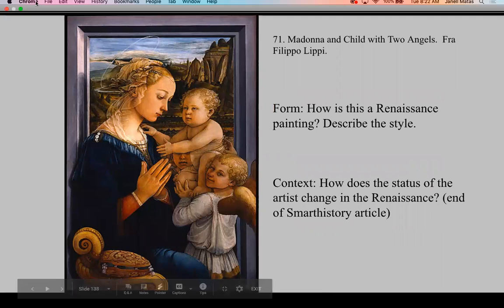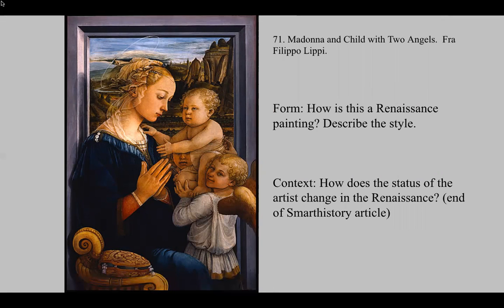So when we look at the style of it, we want to think about how it is a Renaissance painting. And most of you were able to put that into the chat. So we want to describe the style. But another thing we want to focus on is the status of the artist and how it changes in the Renaissance. It's at the very end of the Smart History article.